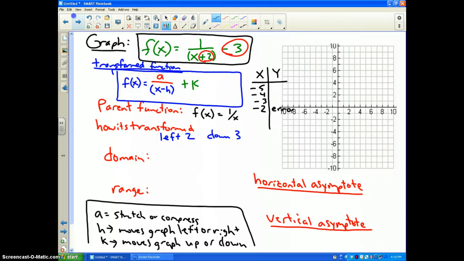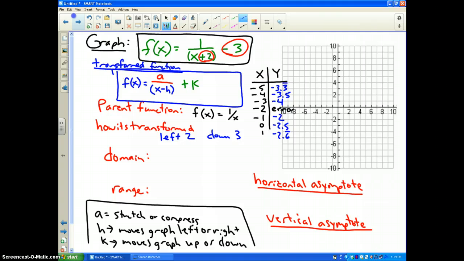And then on the other side, I'm going to pick negative 1, 0, and 1 because I need the two parts. Well, at negative 5, it's negative 0.33 repeating. At negative 4, it's negative 3.5. And at negative 3, it's negative 4. And negative 1 has a value of negative 2. 0 has a value of negative 2.5. And 1 is negative 2.6 repeating.